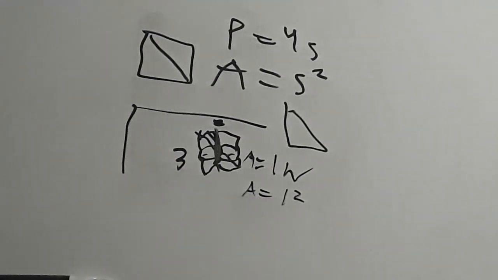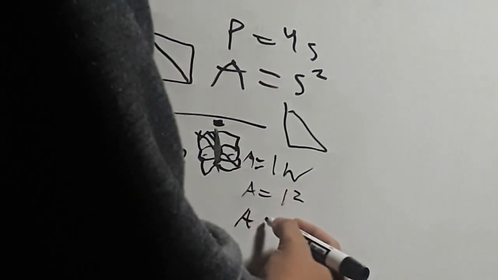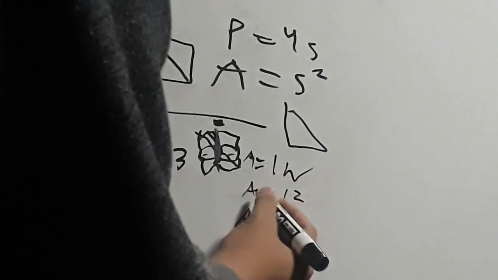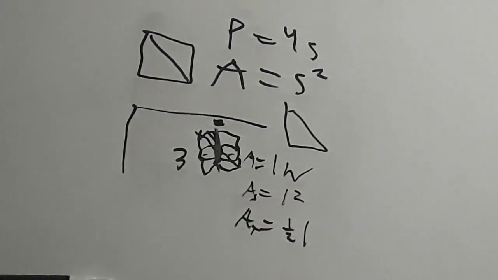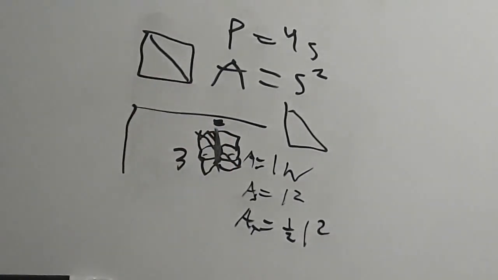And now that we know that triangle, we can just go off of A equals half. I don't know, we probably shouldn't use the same variable, otherwise it doesn't make any sense. Let's call this AS and AT, because that means turtle. That was kind of stupid. But so we have an area of a triangle, area of a square.